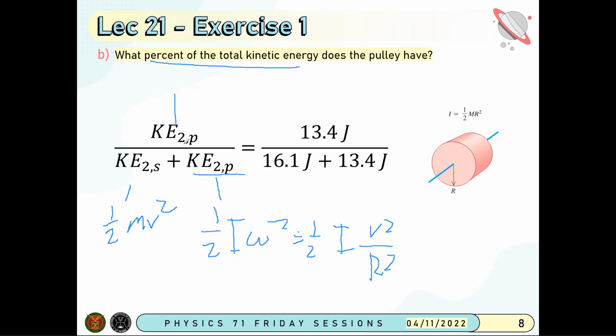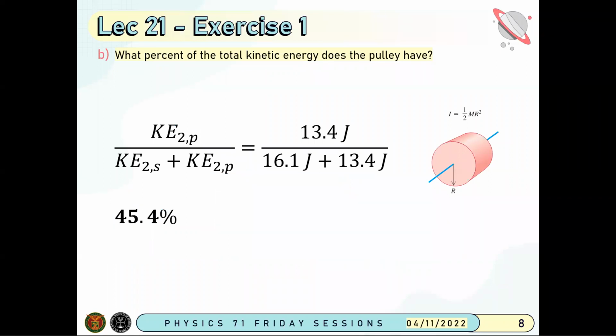Okay. So we take the ratio of the rotational kinetic energy of the pulley with the total kinetic energy. And makita natin, resulting is 45.4%. Which means almost half ng total kinetic energy is actually nandun sa pulley.